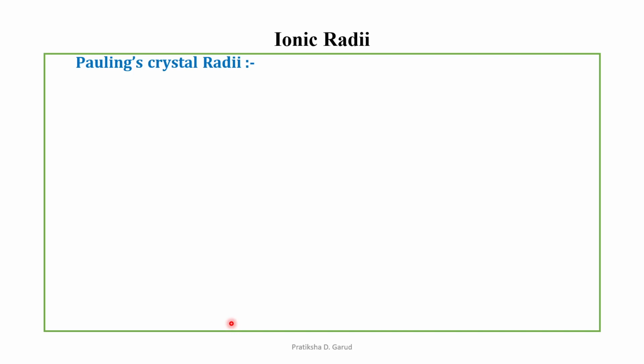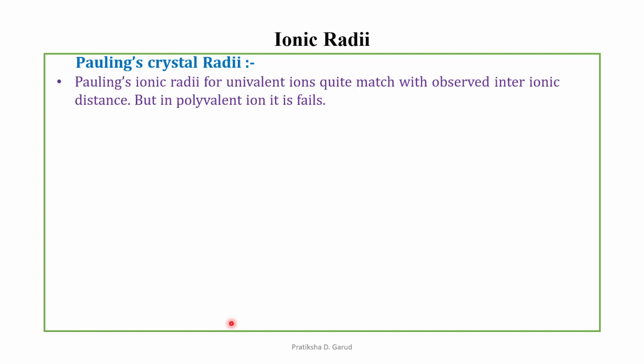Now, after Pauling's univalent radii, let us study Pauling's crystal radii. Pauling's ionic radii for univalent ions quite match the observed internuclear or interionic distance, but for polyvalent ions it does not match, or it fails. Let us take an example of magnesium oxide, MgO.